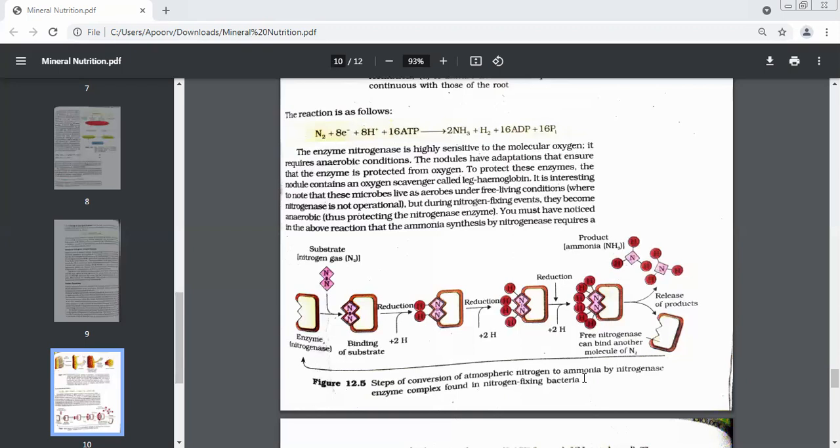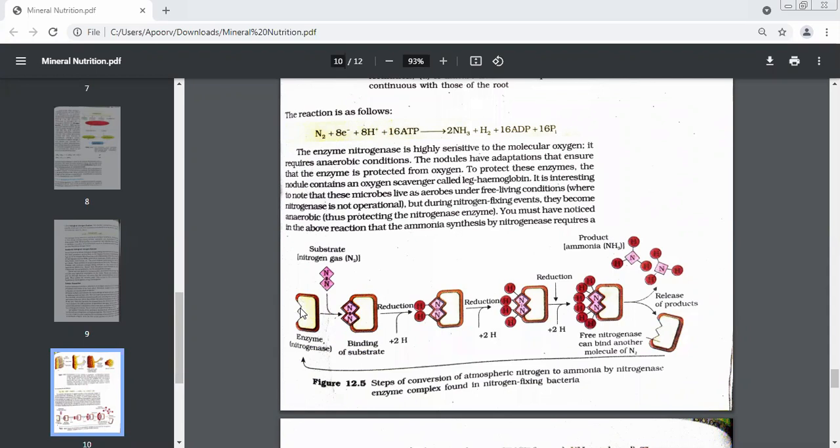What is the function assigned to this? What does it have to do? Why are we bearing so many tantrums of this enzyme? Because it has the capacity to convert nitrogen into ammonia. Fine. What is this place called, this hill-like structure over here?